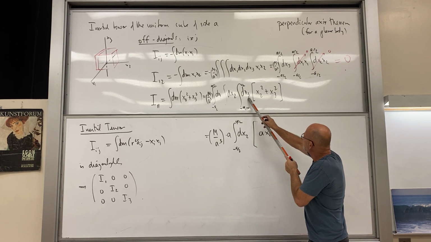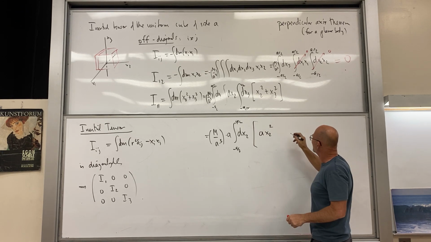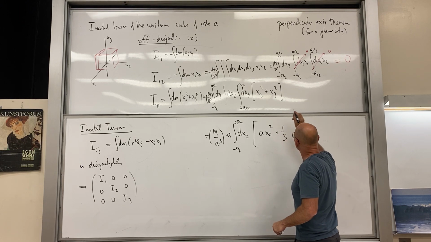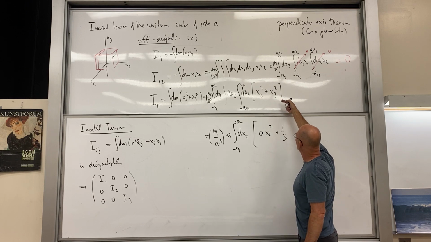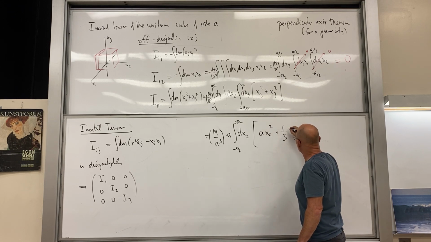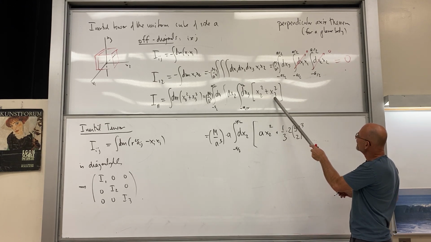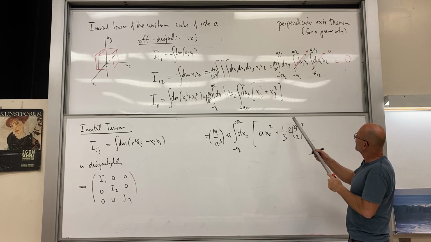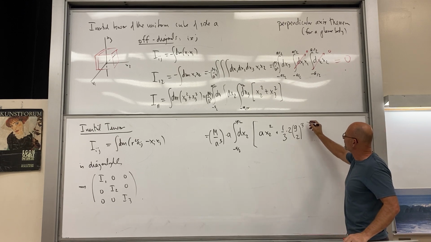For the x3, we're going to have plus 1/3 x3 cubed, 1/3 times 2 a over 2 cubed, because here we're actually doing the integral in x3, so we've got the 1/3 a over 2 cubed, top and bottom.